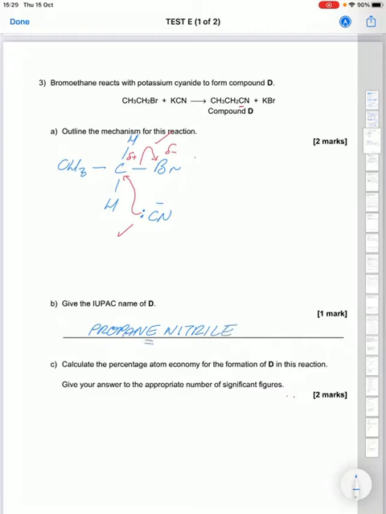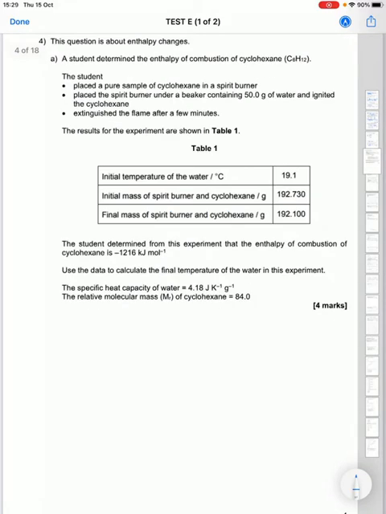Atom economy is the MR of the product, and the MR of the product is 55, divided by the mass of all of the products added together, so that's going to be 55 plus 119. It's a percentage, so I need to times it by 100, and if you work that out, you get 31.6%. Okay, next one.